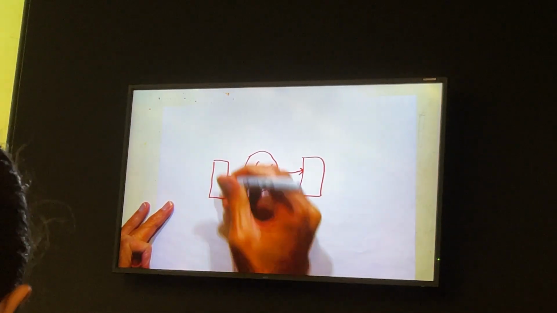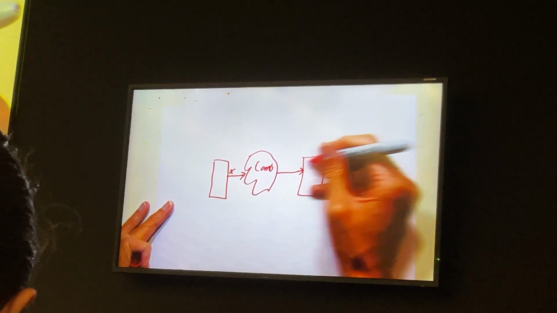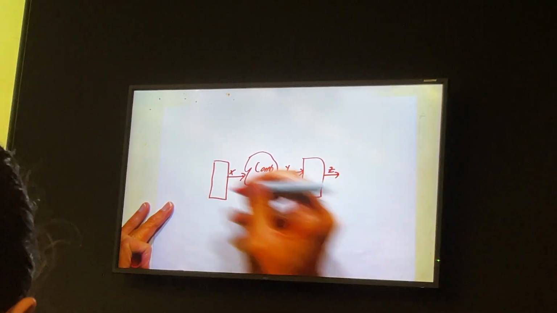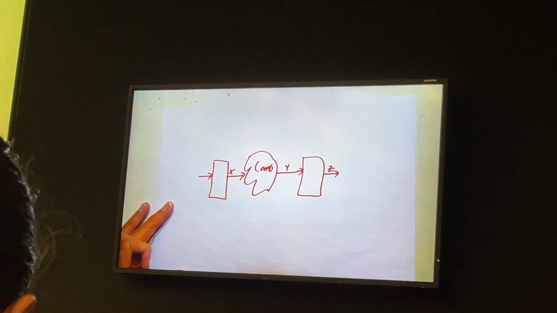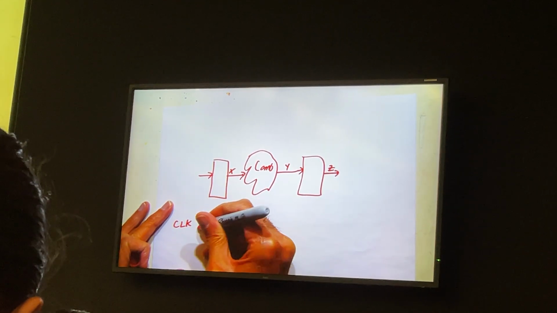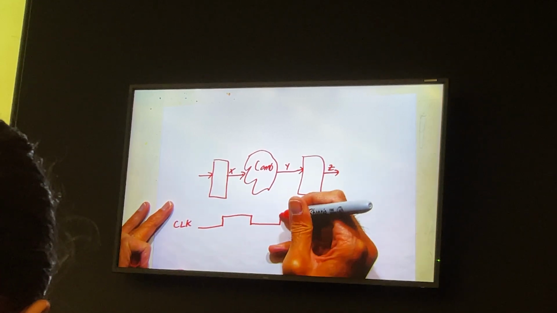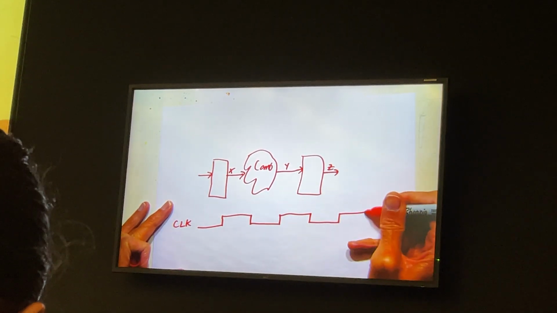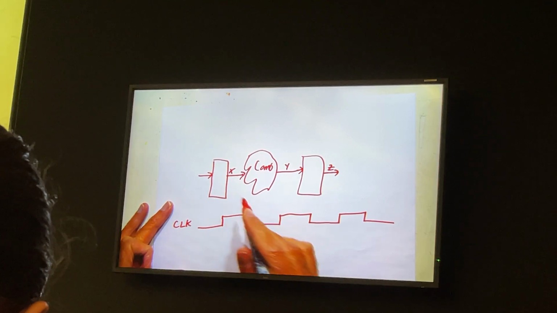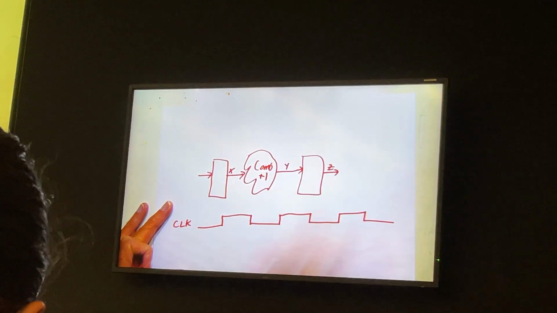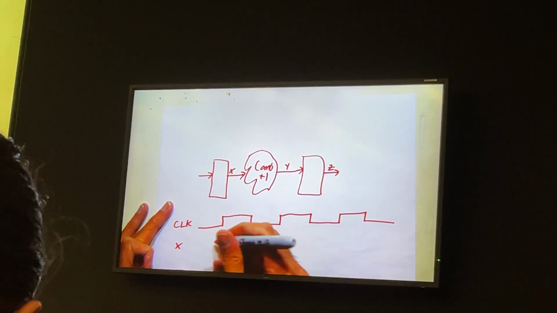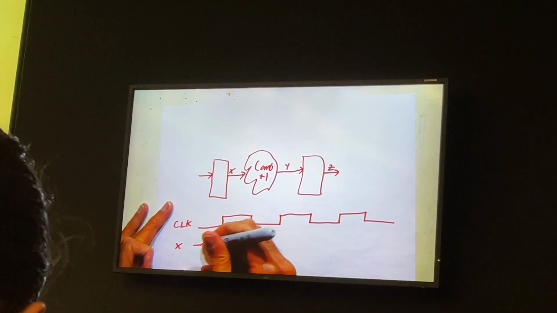Okay, so let's call this X, and let's call this Y, and let's call this Z. And I don't think it's going to matter what that is. So let's make a clock. Okay, so X, let's say this combinational circuit happens to be an incrementer, plus 1. Let's say X is going to be 79.